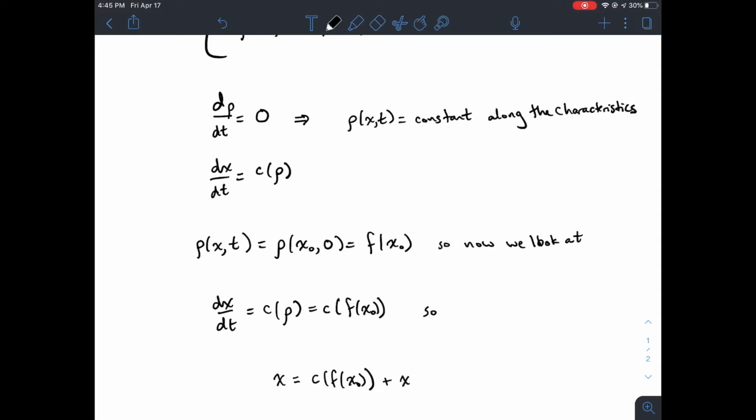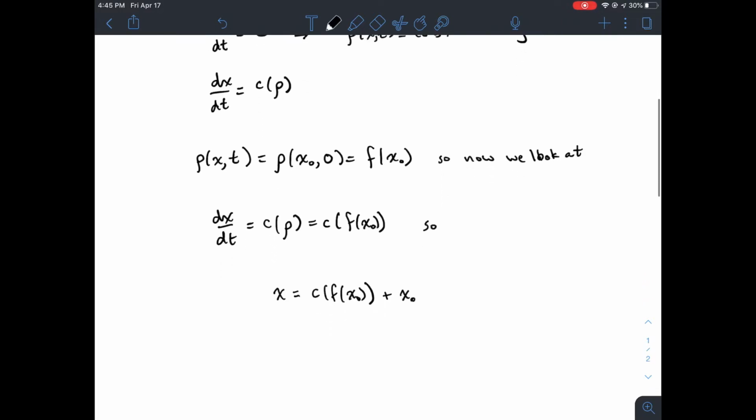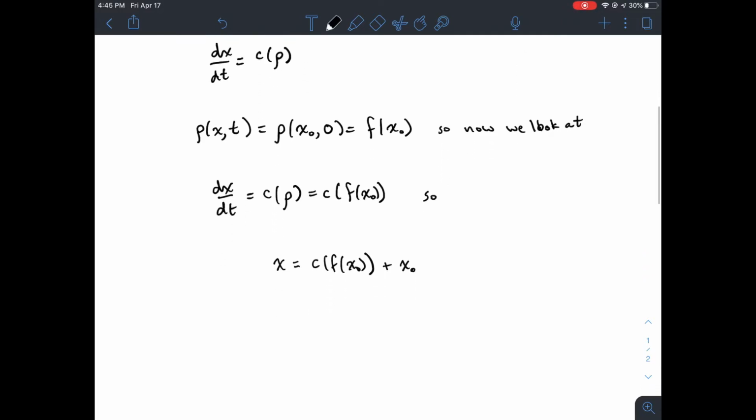So this is a line, and there are going to be lines of varying slope dependent on where you start, dependent on f of x naught, basically. So I can just think about this characteristic as being a bunch of different straight lines. Okay, we'll draw that in a minute here.